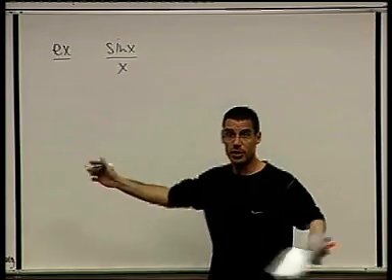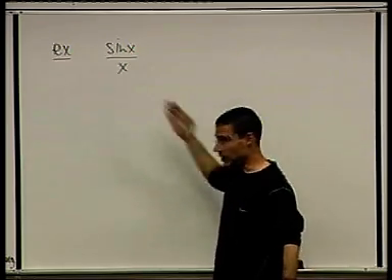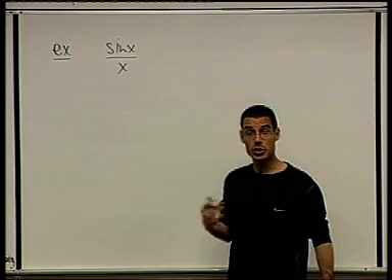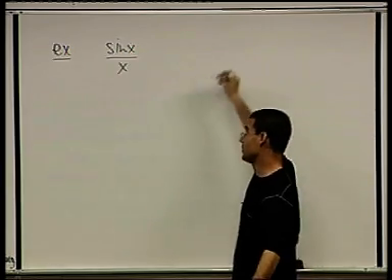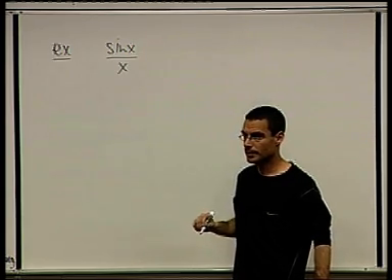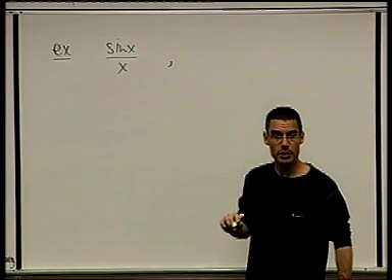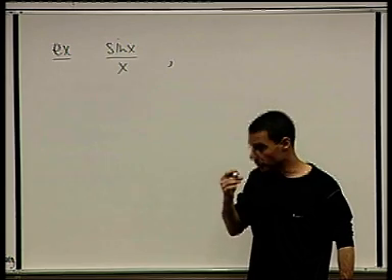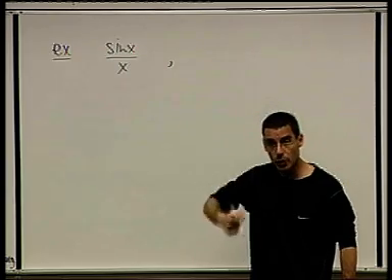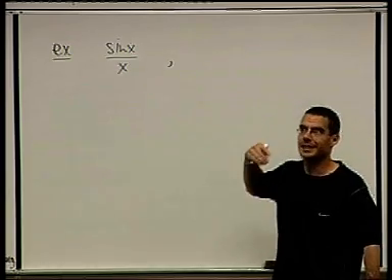You can make it continuous on R if you define it to be 1 at 0, right? Therefore, it has an antiderivative. But there's no nice formula for the antiderivative. We just know it exists. You can write it as the integral from a to x of this thing. That's the antiderivative. Okay? Taylor would only give you an approximation. There'd still be a remainder. It doesn't have a nice closed formula. It's not that we don't know how to find it. One can actually prove that it doesn't have one.